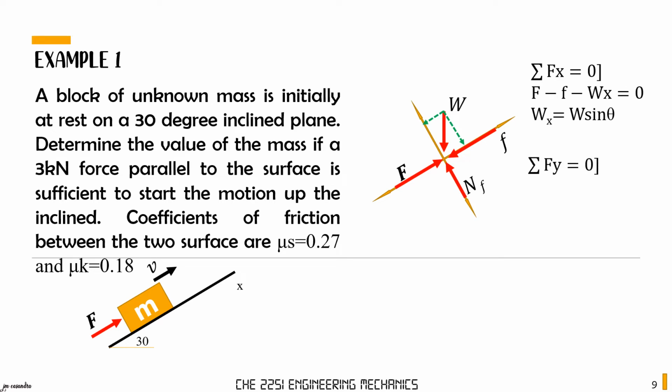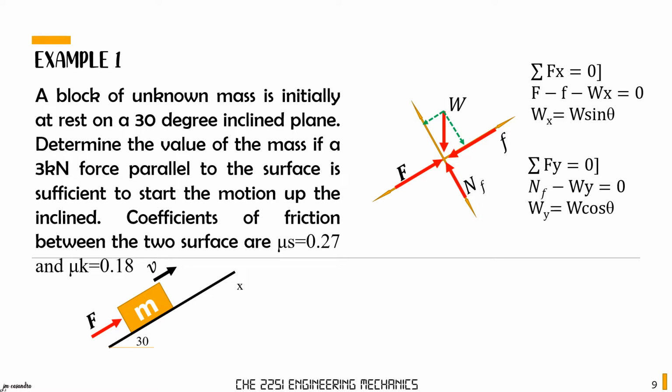For summation of forces along Y, it will now be equivalent to 0, with upwards positive. So N, or normal force, minus W_y, or Y component of weight, is equal to 0. So weight Y component is equal to the weight times cosine theta.